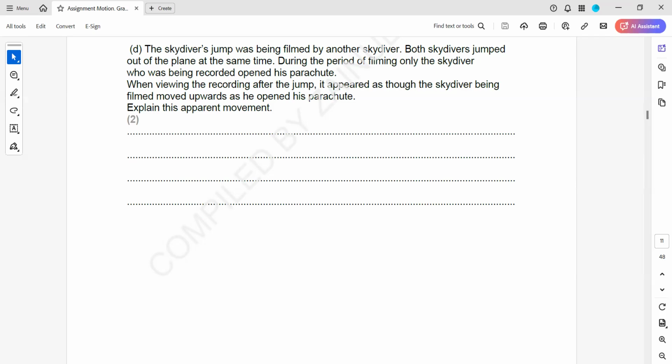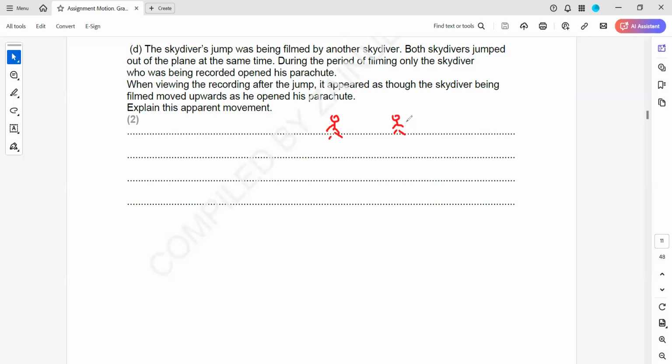So what actually happened as the two skydivers are jumping and one opened the parachute and the other is not opening the parachute? First, they both jump from the same plane.